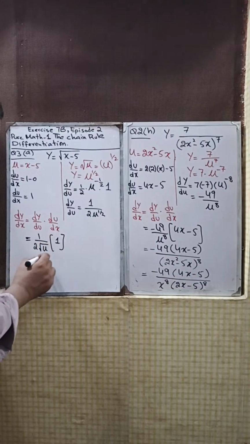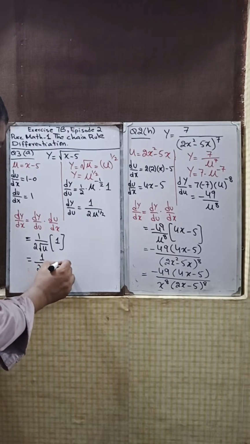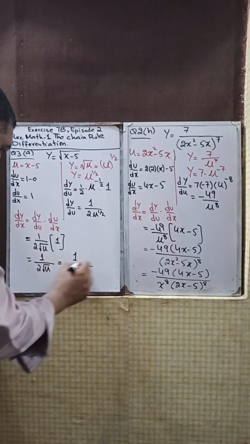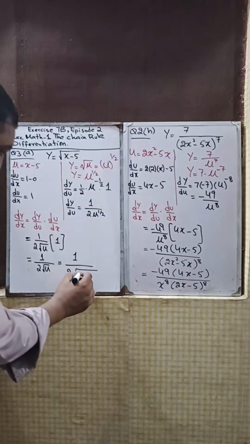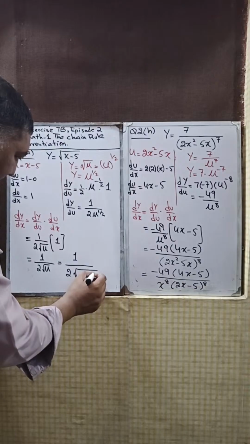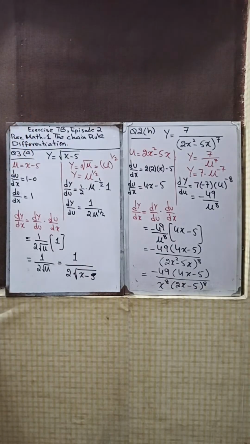So my answer will be 1 by 2 under root u. Put the value of u back here. The u value is x minus 5. So this is the answer: 1 by 2 and under root x minus 5.